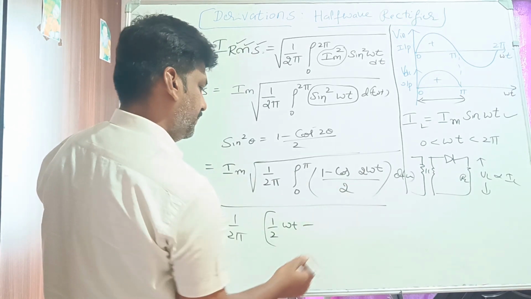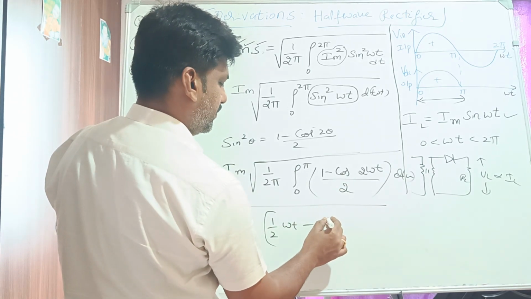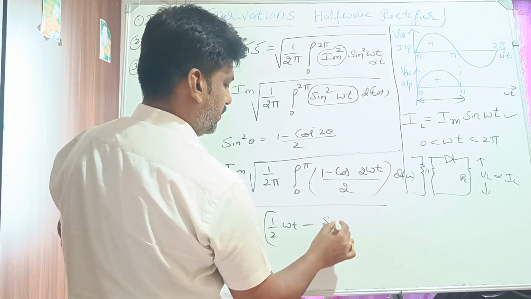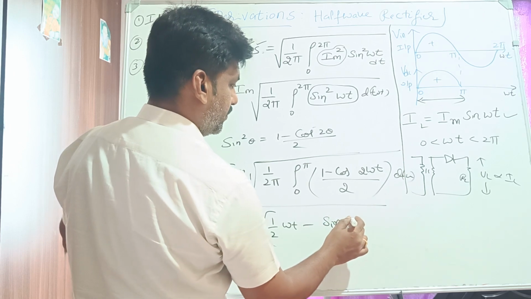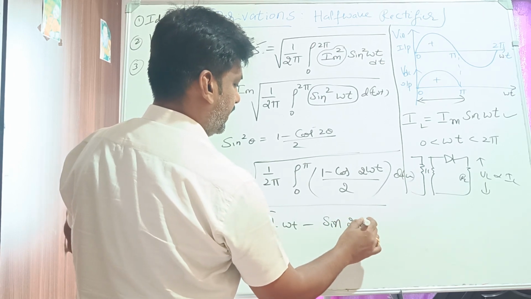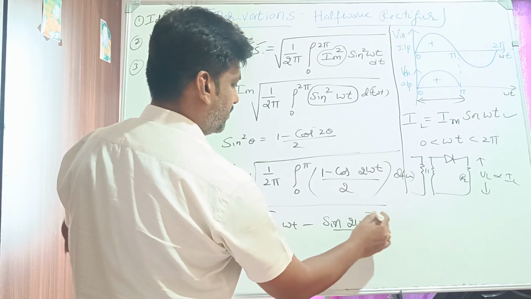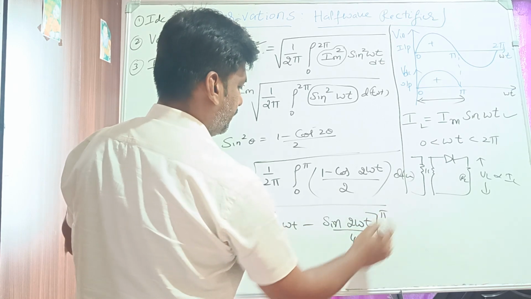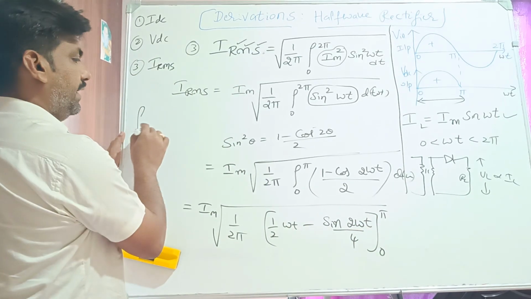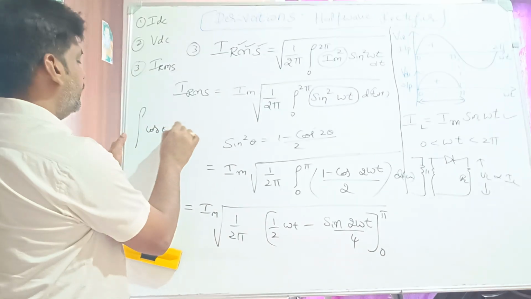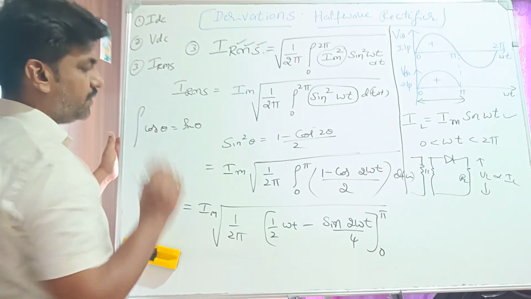The integration of cos is sine, not minus sine, plus sine. So it is cos 2 omega t divided by 2 is there, so it becomes 4, from 0 to pi. So we have used the integration of cos theta is sine theta, not minus, it is plus, right?